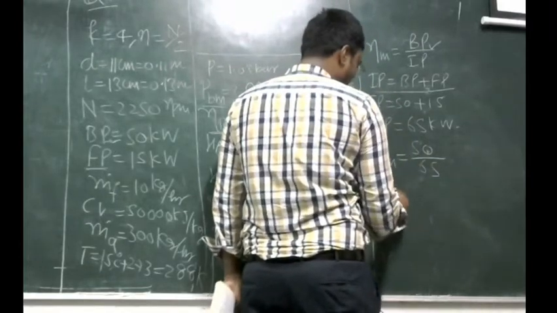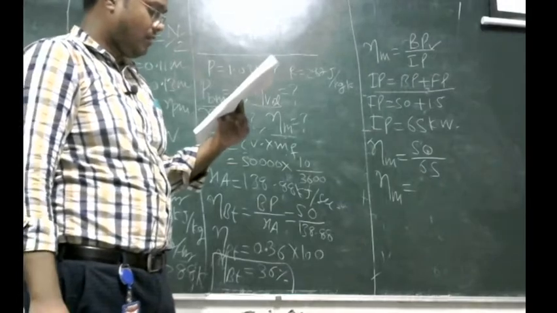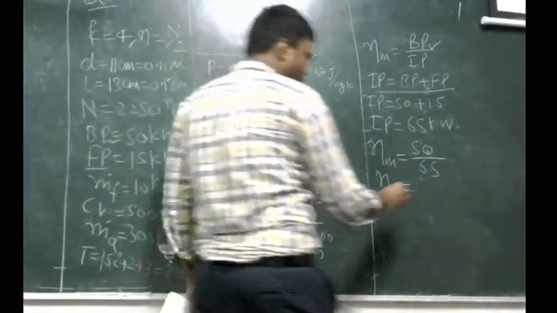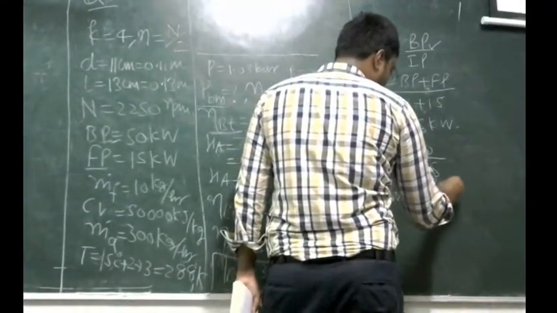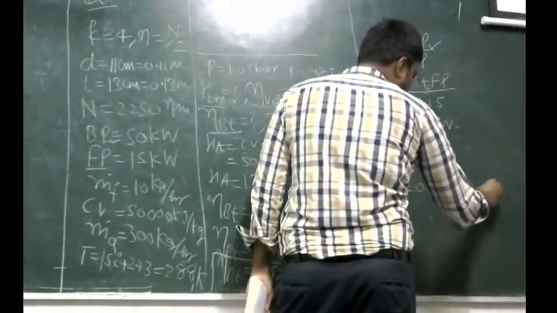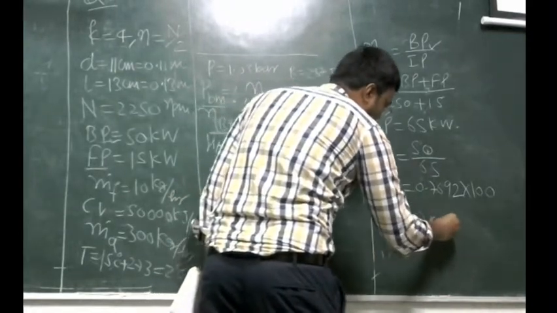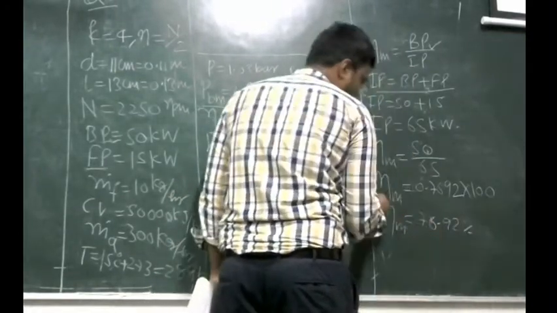So we get 0.7692. In percentage, we multiply by 100, so eta mechanical is equal to 76.92%.